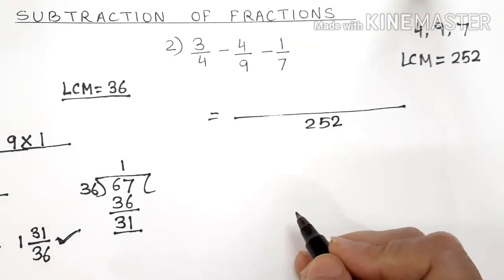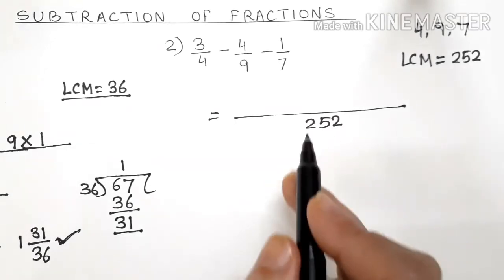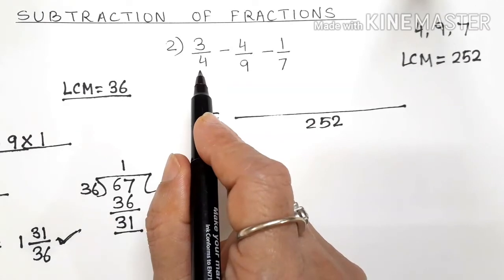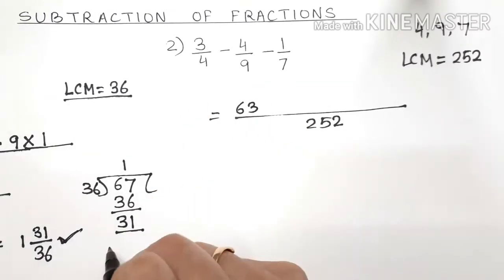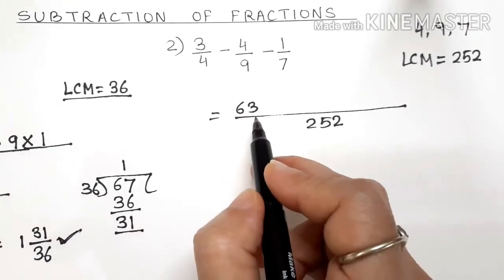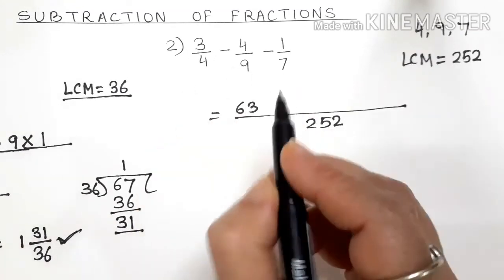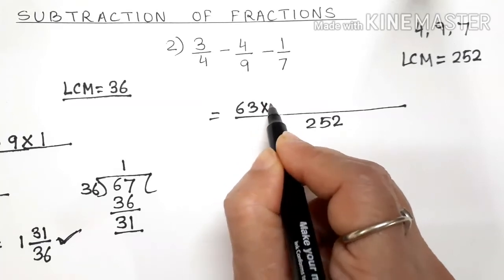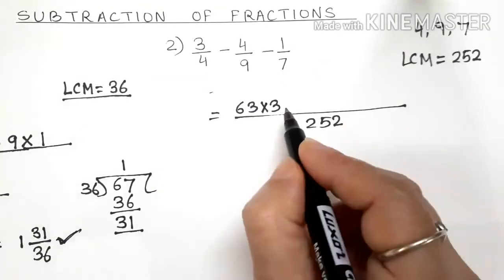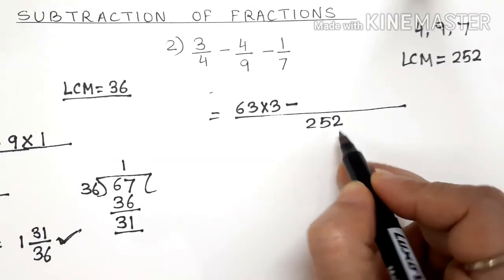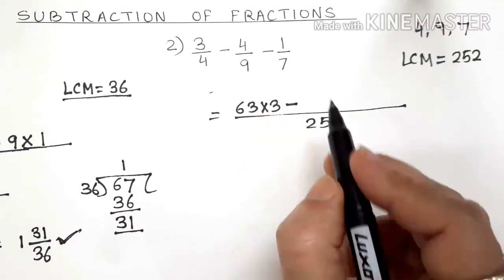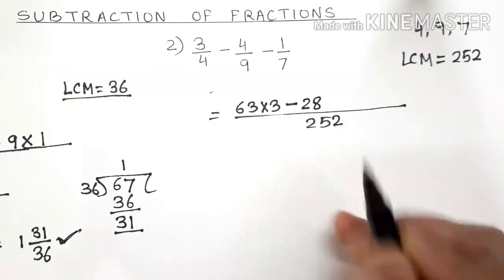252. Okay, we divide it by 4. So what we will get is 63. And what do we do next? We multiply that 63 by the numerator. Then the minus sign, so we put the minus sign. Now when we divide 252 by 9, we will get 28.